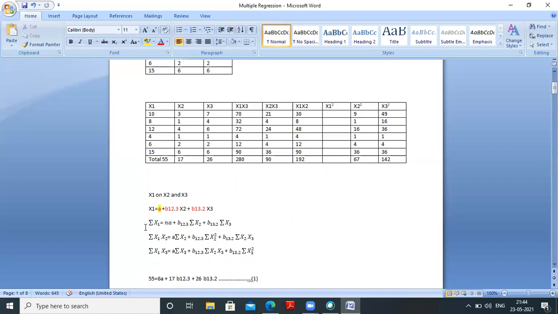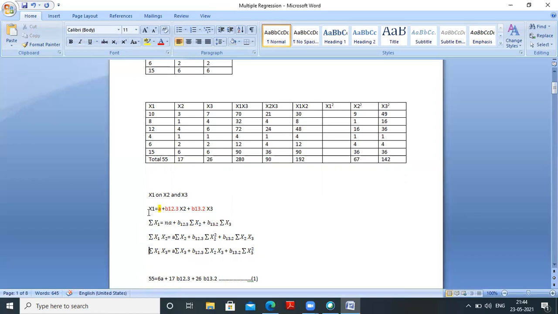These three simultaneous equations are: sigma x1 is equal to na plus b12.3 sigma x2 plus b13.2 sigma x3; sigma x1x2 is equal to a sigma x2 plus b12.3 sigma x2 square plus b13.2 sigma x2x3; sigma x1x3 is equal to a sigma x3 plus b12.3 sigma x2x3 plus b13.2 sigma x3 square. These three simultaneous equations can be derived through the least square method of regression.